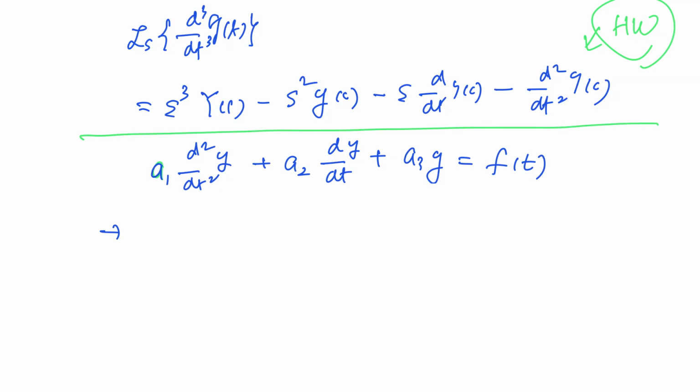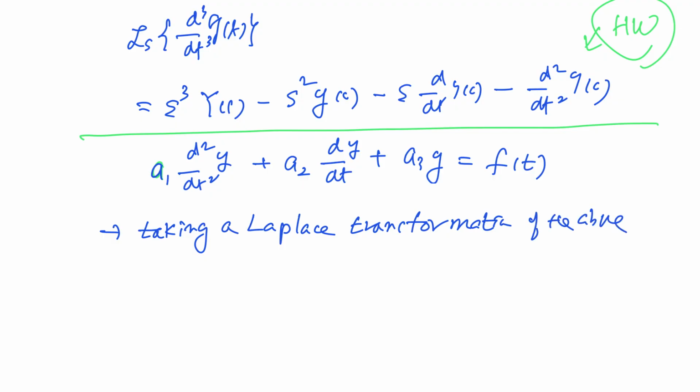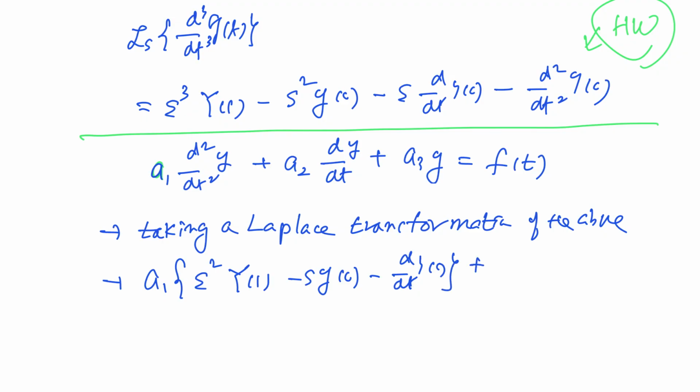Then, taking a Laplace transformation of the above, what do we get? a1 (s squared y of s minus s y of 0 minus dt dy of 0) plus a2 (s y of s minus y of 0) plus a3 y of s is f of s, right?